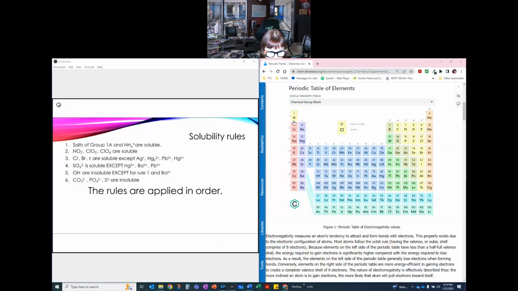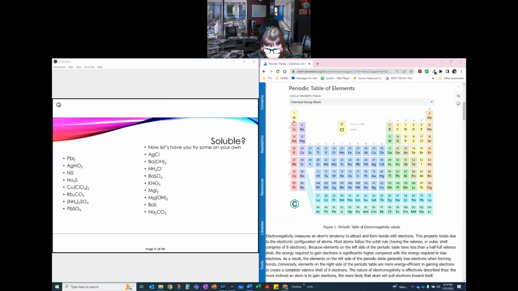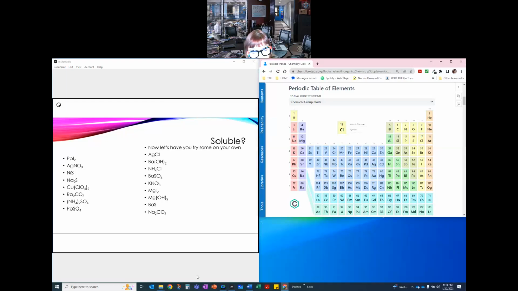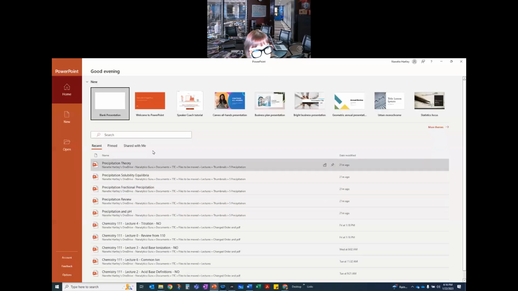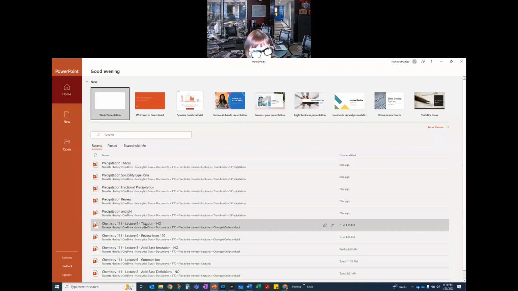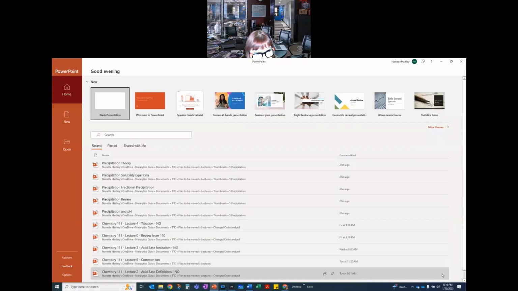Right, okay, so what does all that mean? Well, that's a good question. So let's take a look at some things that you might get asked about. One of the things I'm going to pull up again is periodic tables so that we can see that. And then I'm going to pull up the solubility rules that we just had. Sorry, I've got to find the right file.